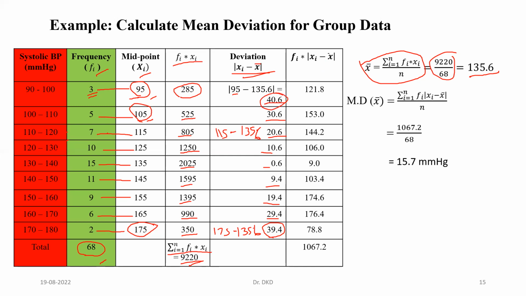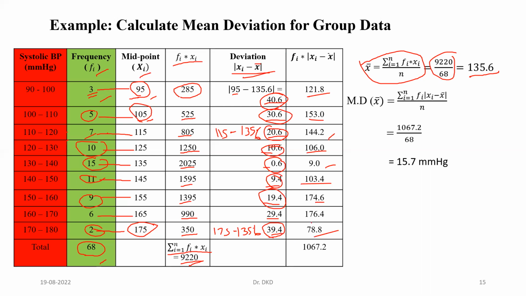Here 40.6 multiplied by 3 gives this value. 30.6 multiplied by 5 gives this value. 20.6 multiplied by 7 gives this value. 10.6 multiplied by 10 gives 106.0. 0.6 multiplied by 15 gives 9. 9.4 multiplied by 11 gives this value. 19.4 multiplied by 9 gives this value. 2 multiplied by 39.4 gives this value.